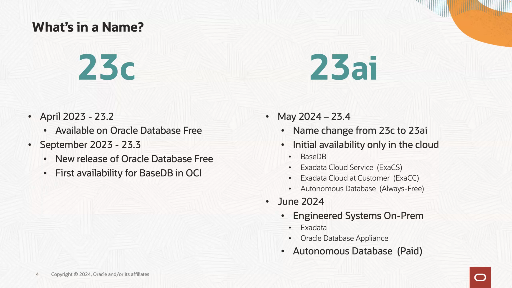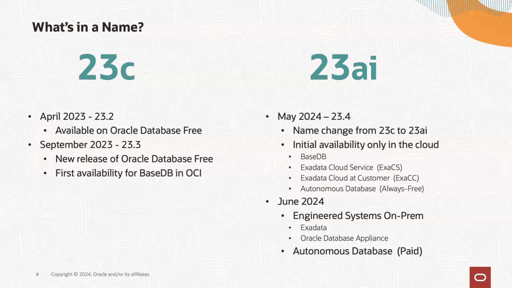Now, in late 2022, the decision was made to incorporate AI capabilities into our database, and our executive management viewed the introduction of AI capabilities within the Oracle database as being significant enough, with the idea being that this was going to be around through the 2030s.